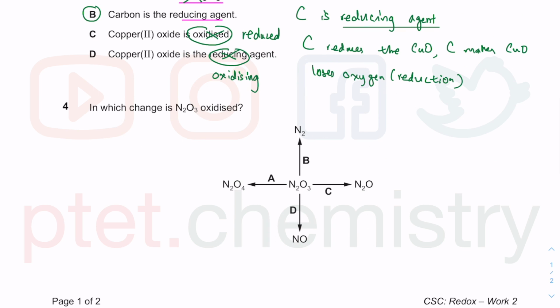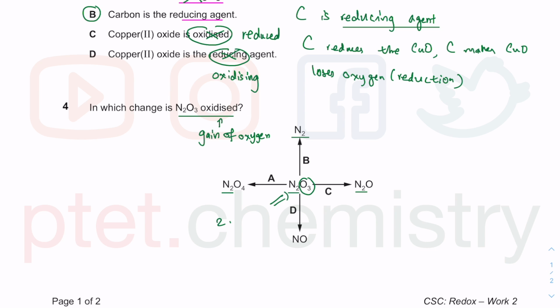Question 4, we're looking for N2O3 getting oxidized. So oxidation, in the definition, is gain of oxygen. So here, we have 2 nitrogen atoms and 3 oxygen atoms. It's going to be quite simple when it's N2, N2, and N2, because essentially for 1 nitrogen you have 1.5 oxygen because 2 nitrogen has 3 oxygen.